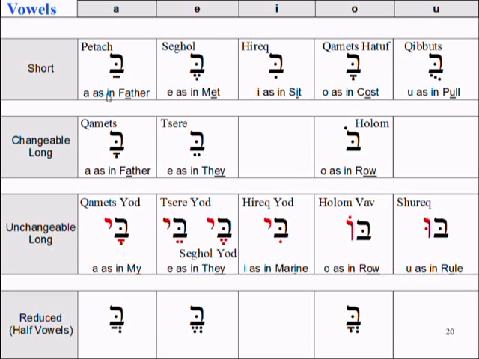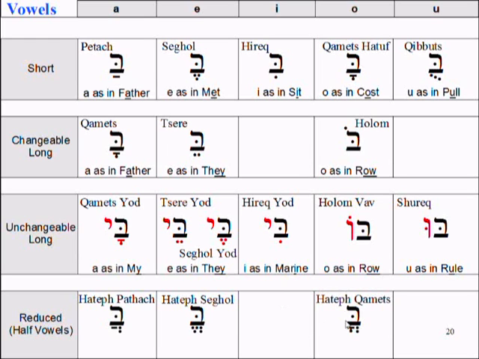It's a patach, but it's got two dots after it, meaning it's hatuf, for half vowel. So this is called a hatuf patach, or patach hatuf. It's a patach, but it's shortened. So instead of a long ah, it's a shorter ah. And likewise, this is a segol. It's an eh sound, and it's just a very short eh, because these two dots say it's a short eh.